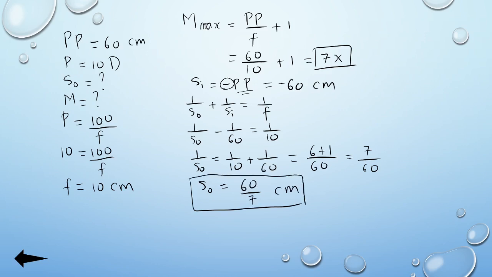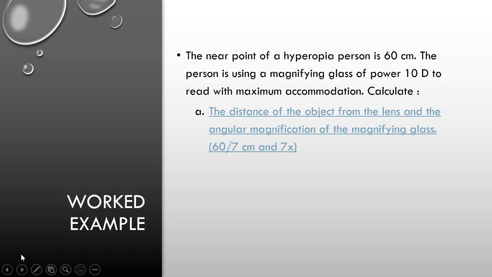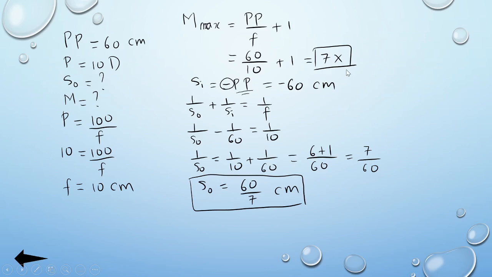Let's check our answer with the answer key on the problem. The answer key for the SO is 60 over 7 centimeter and the angular magnification is 7 times. So we have the correct answer, angular magnification 7 times, SO 60 over 7 centimeter.